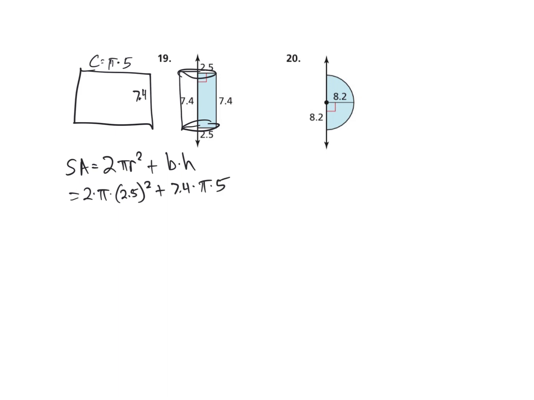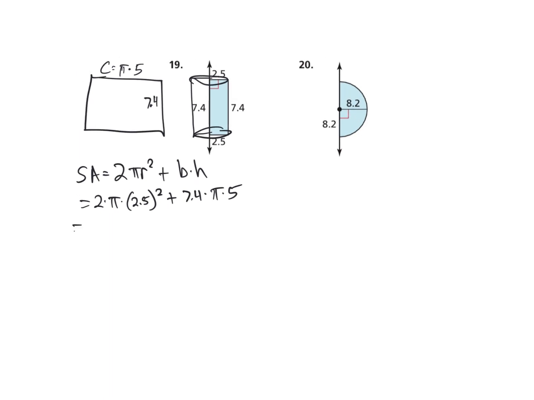Take your calculator: 2 times pi times, parentheses, 2.5 squared, and you get 39.269908, plus the group of 7.4 times pi times 5. Close that group, and the total is 155.51 square units.